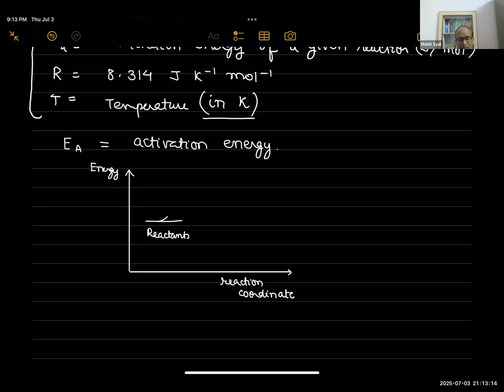Suppose you have a piece of coal or petrol. At room temperature, they will not burn, though you have oxygen also. It needs to be ignited, so some extra energy needs to be provided so that the reactant can break their bonds and cross this energy barrier. This is the potential energy barrier, which is known as EA or activation energy.